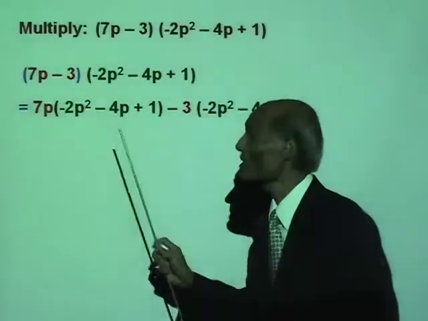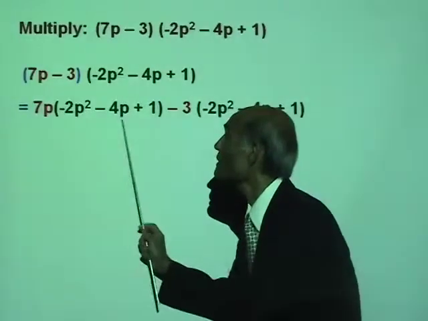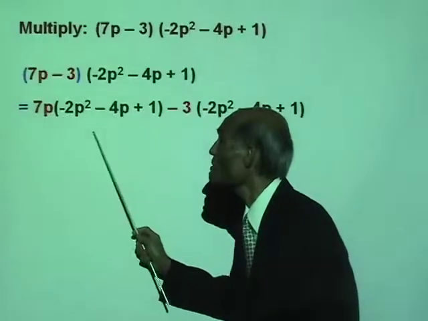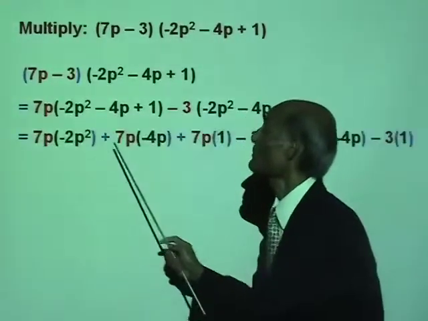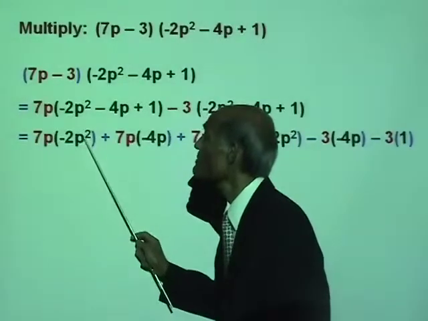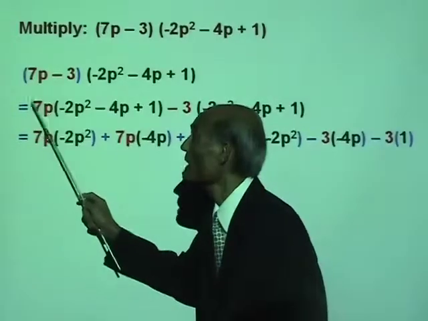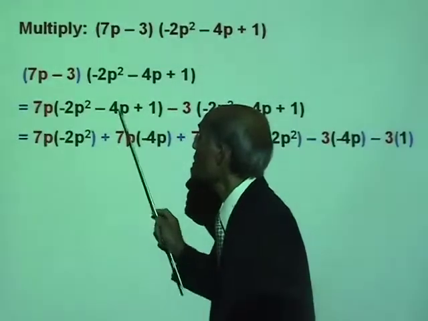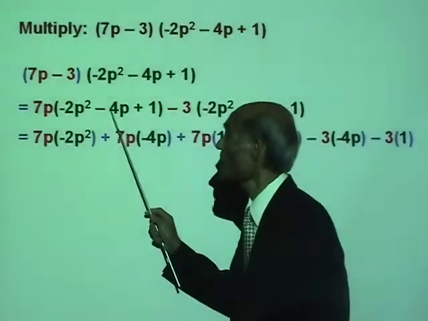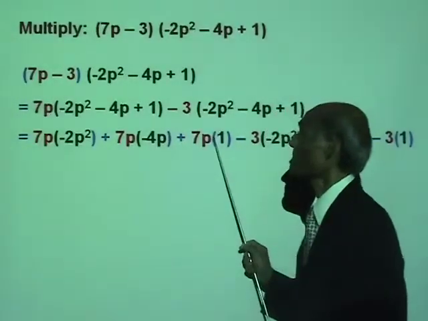Okay, in the next step we distribute this 7p into this parenthesis. In other words, multiply 7p with each of the terms inside. That will be 7p times negative 2p squared plus, remember the sign before the 7p is plus, plus 7p times negative 4p, watch again the sign, plus 7p times 1.